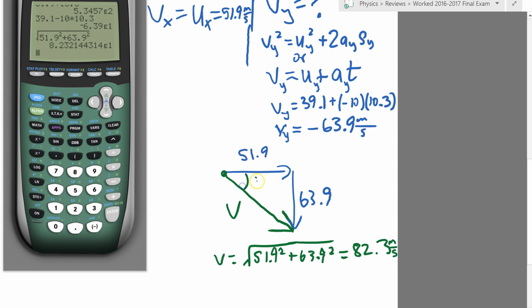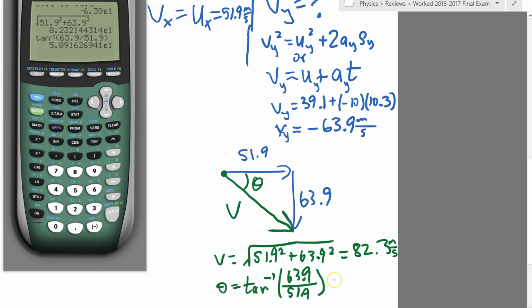And then you just got to find this angle, which will be the tan inverse of 63.9 over 51.9, which is 50.9 degrees, and that is clockwise from the negative x-axis.